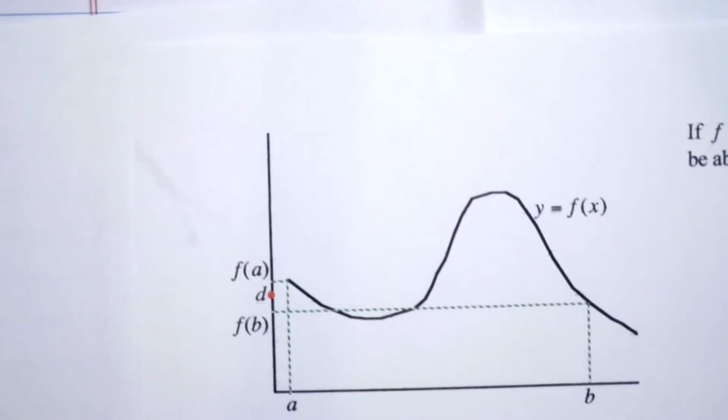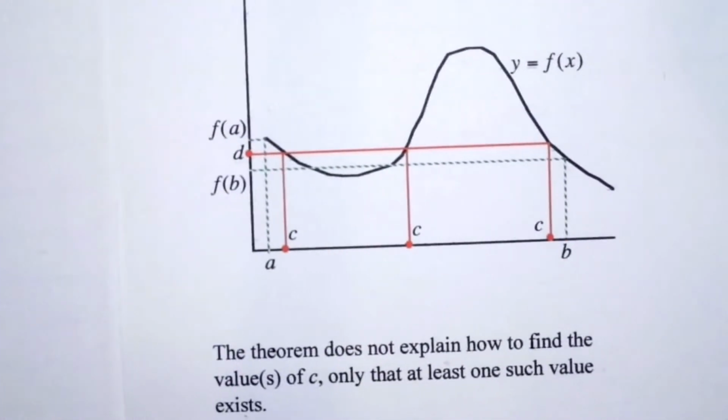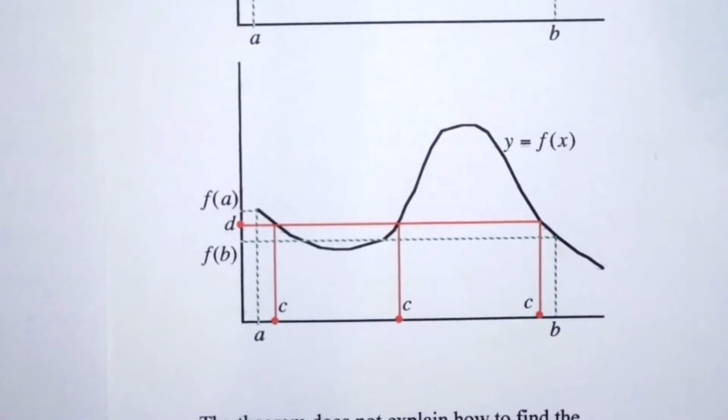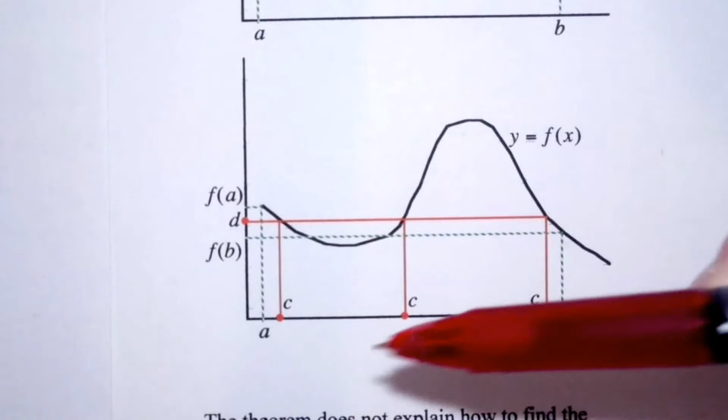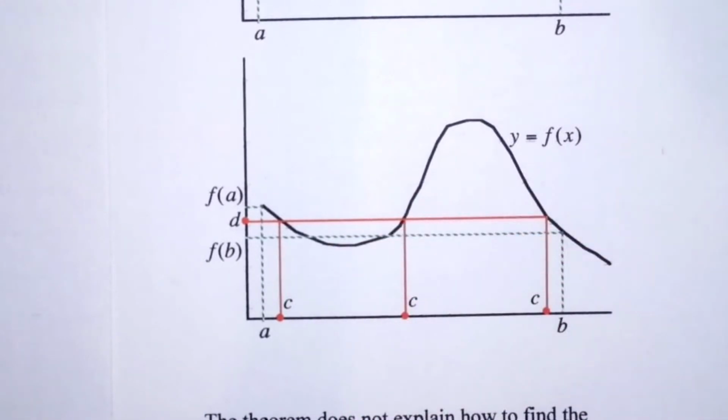And in the next diagram, you'll see what the theorem is getting at. In this case, there are actually three values of c where f of c is equal to d.